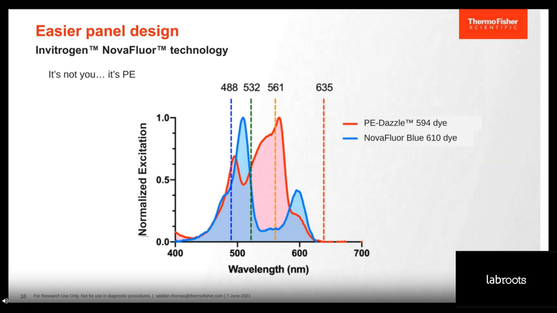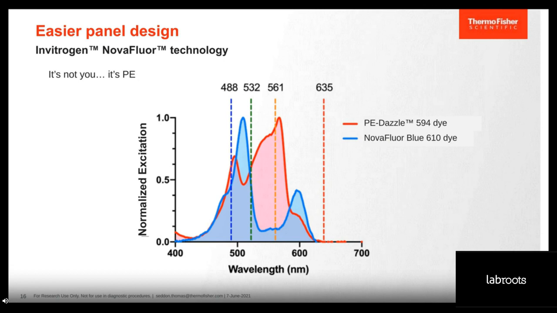This is not showing you the emission, but rather the normalized absorbance or excitation. What you can see here is that PE Dazzle is a great dye in terms of being bright, but if you think about using both the blue and the yellow-green lasers to excite it, you can see here in the red that it would be excited off of all of those.